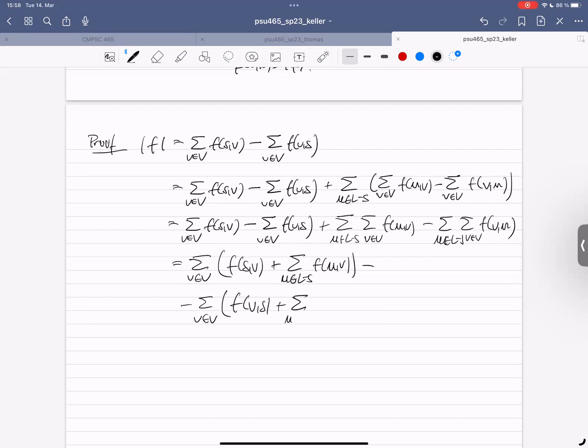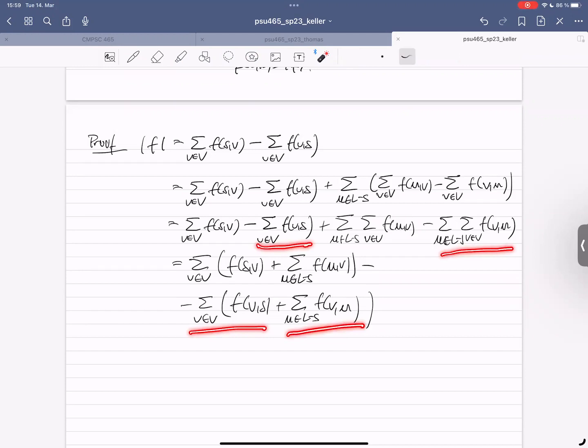This sum here, U in L minus S. Good. Does everyone see what I did here? I just rearranged this and grouped this into this different sum. So this one here is this one, and I simply grouped it with this sum here on the right. This is the same thing.